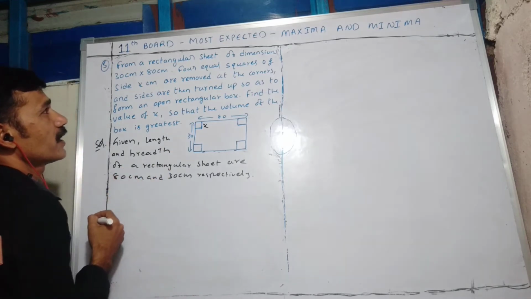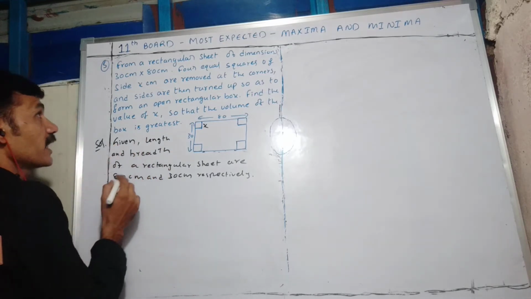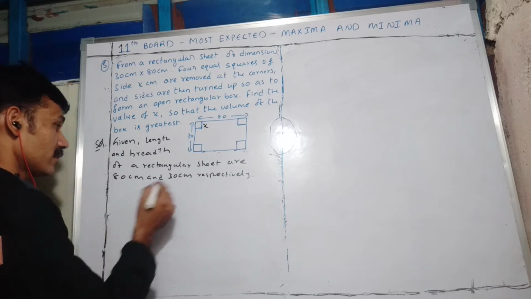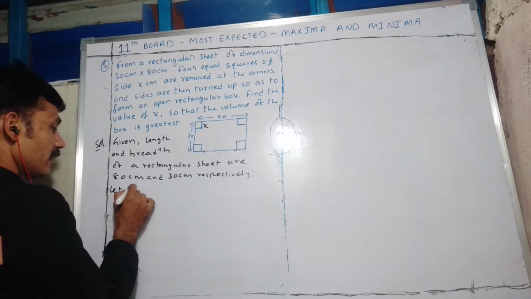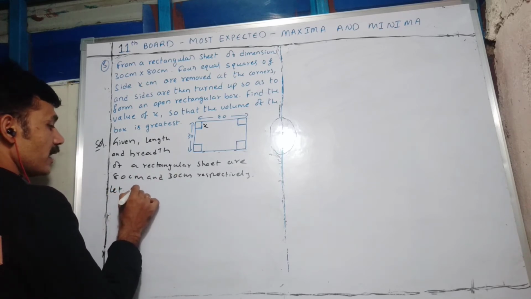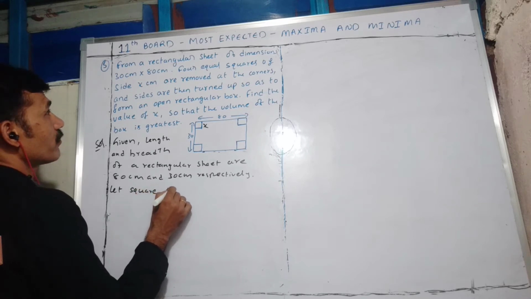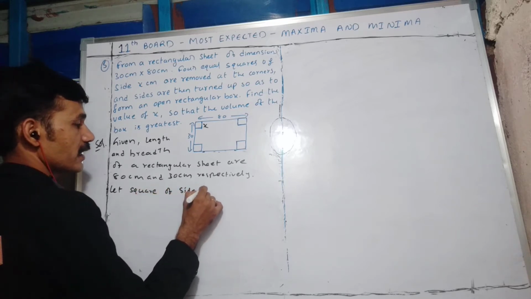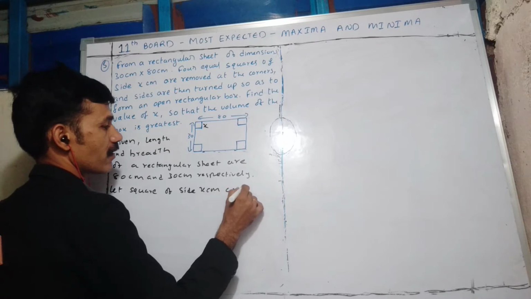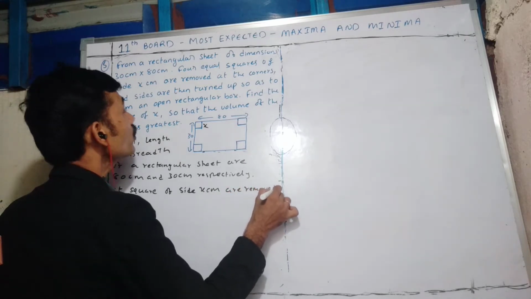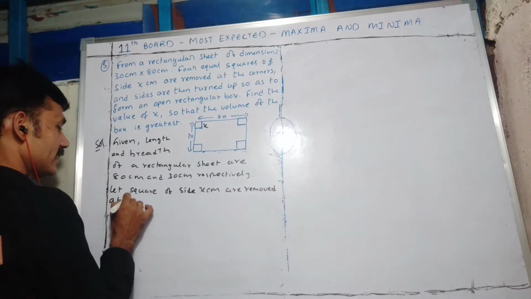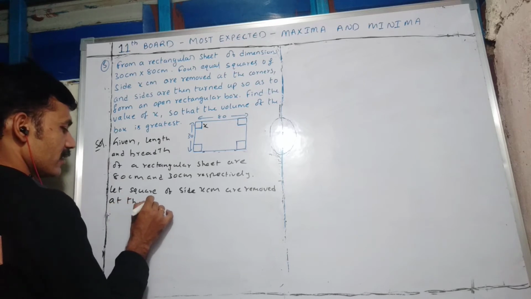Next, what they have done: squares of side x are removed at each corner, that we will write. Let squares of side length x centimeters be removed at the corners.